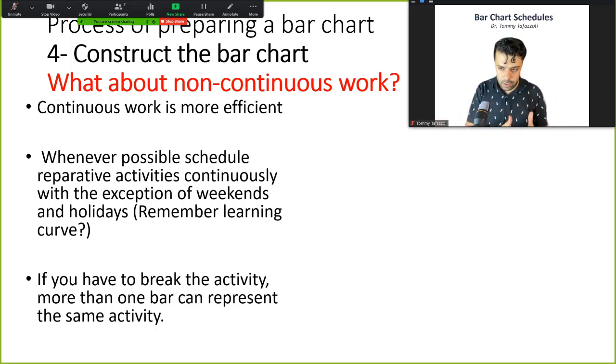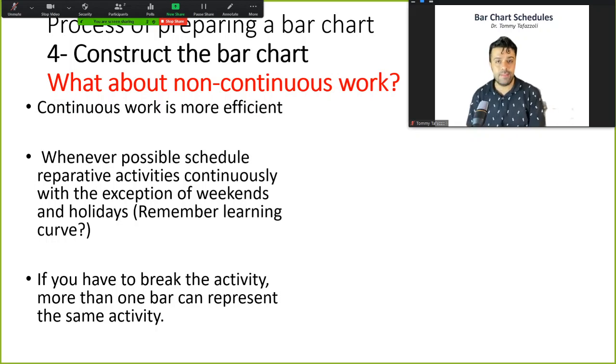This is a basic logic. And while it might sound obvious, many schedulers just miss doing this, or they don't do a good job scheduling repetitive activities together, one after another. An important thing in scheduling repetitive activities in a group is the learning curve.